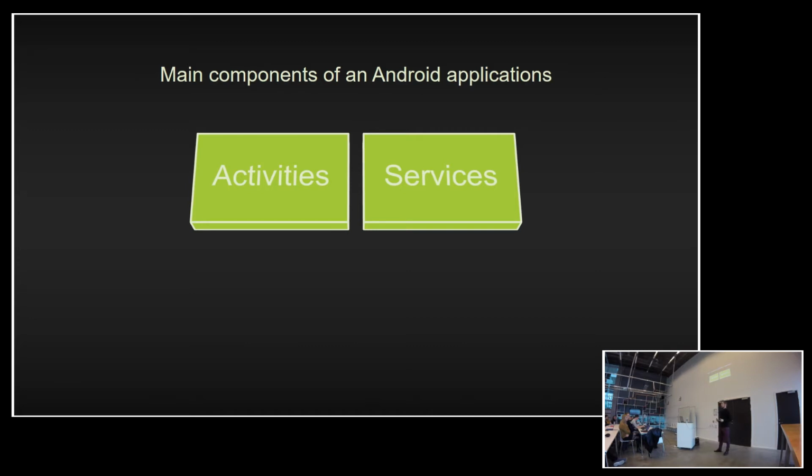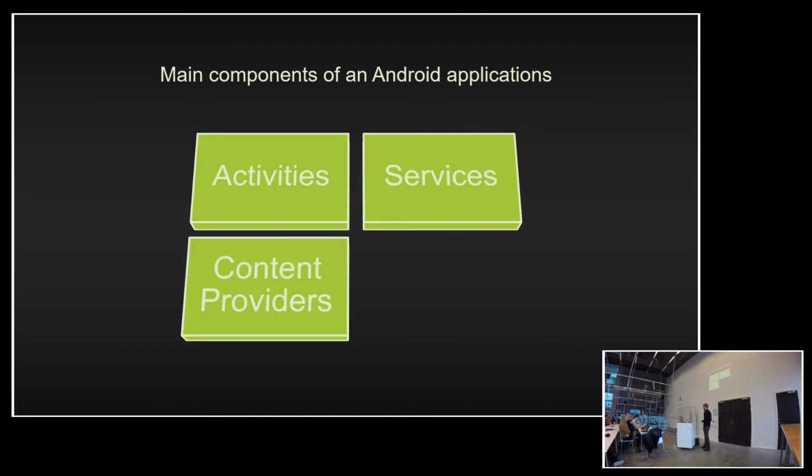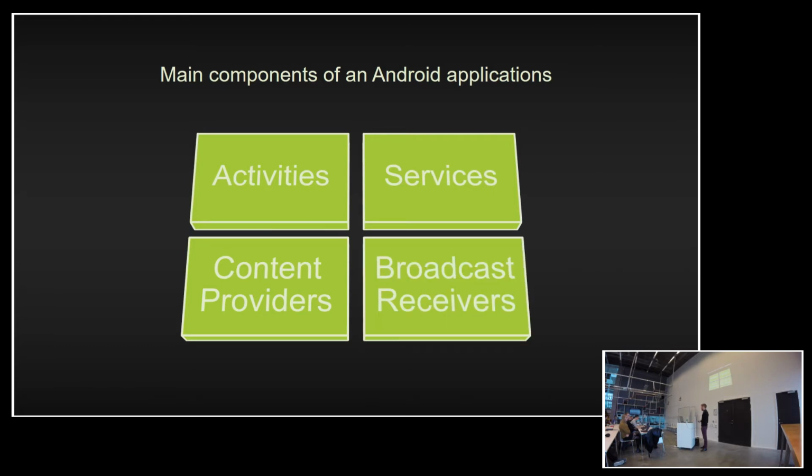So say, for example, if you have an app that wants to play music, you'll have a service running that, playing the music for you. We have something called content providers, used to share data between multiple applications, if you have a database. And then we have something called broadcast receivers, which basically tells the rest of the system, hey, you need to know this if you have an alarm, or I took a photo, or something like that.